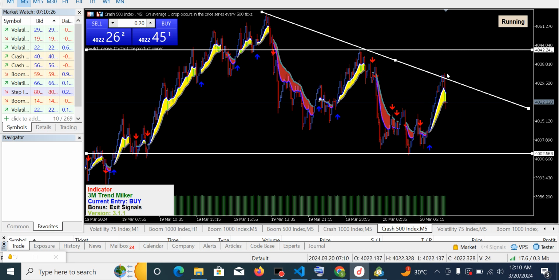If it breaks out above this trend line, then it will buy till it gets to this horizontal line, and if it does not break out above this horizontal line, then it's going to sell back, and of course going to sell for a very long time till it gets to this region. So we should take note of that and use it to milk the market successfully.